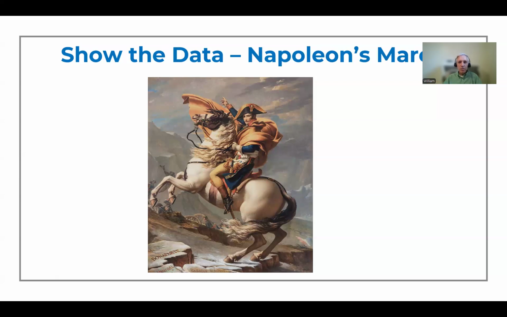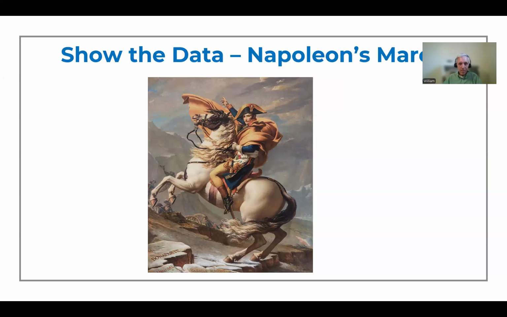Totally fictionalized, because he wouldn't have ridden a stallion like this across the Alps. He would have ridden a sure-footed mule, but that was typical of Napoleon. He had a grandiose vision and a grandiose personality, from what they say.